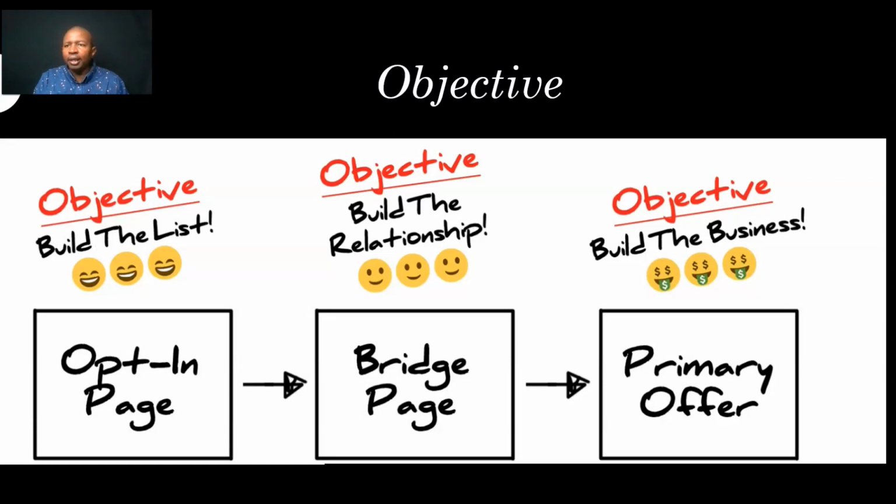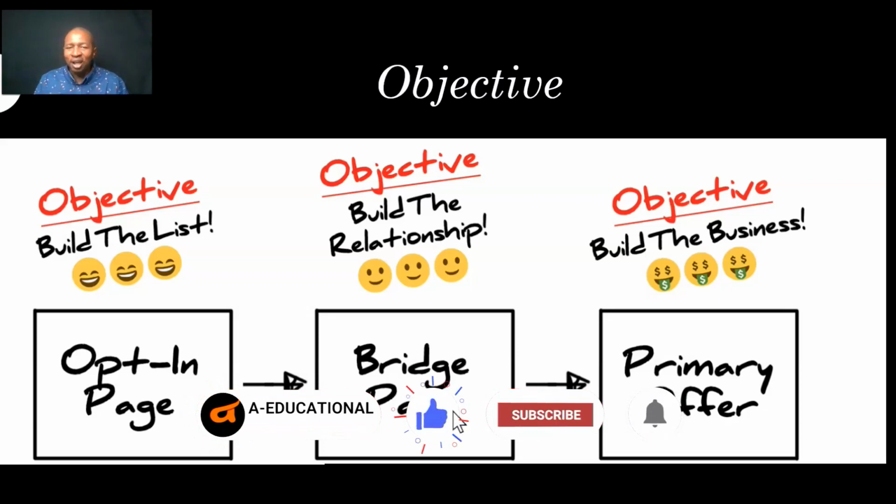As we know, the objective of solo ads is to build your email list as fast as possible. Even though people say the money is in the list, I think the way to word that is the money is in the relationship you are building with your list.